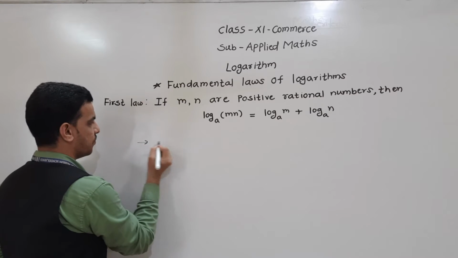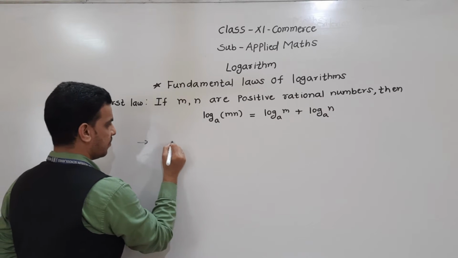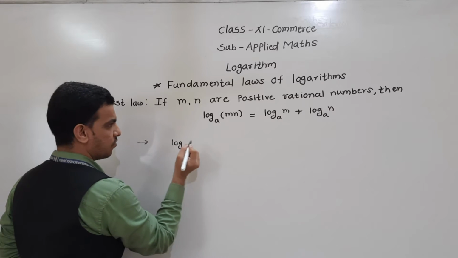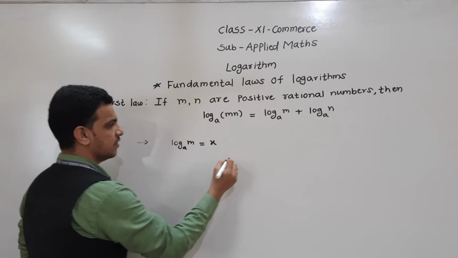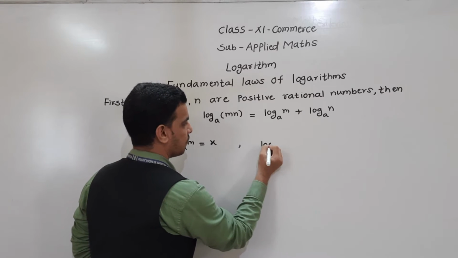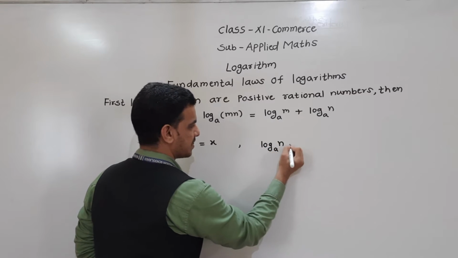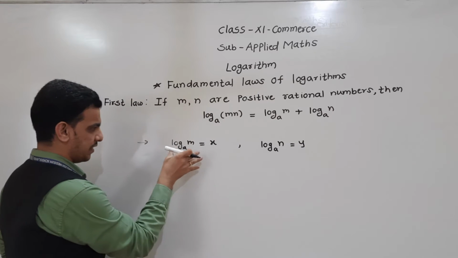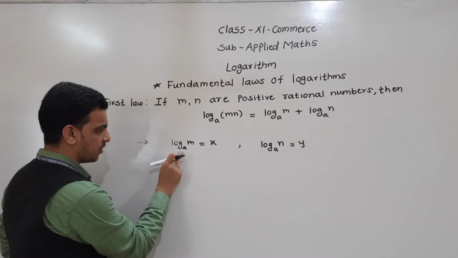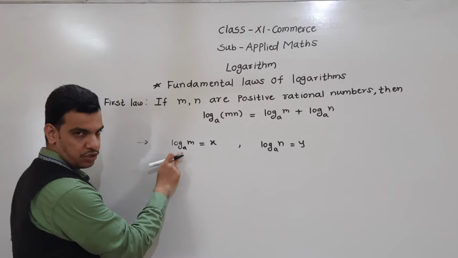Okay, so how do we prove this? We take log of m to the base a is equal to x and log of n to the base a is equal to y. By using the definition of log, we convert this into exponent form.